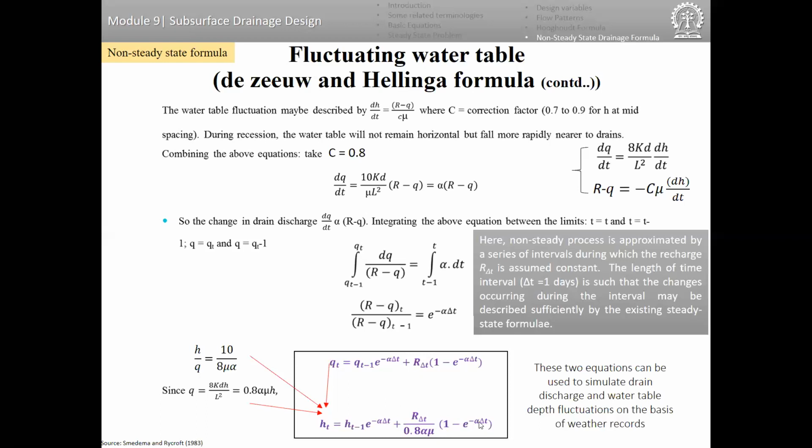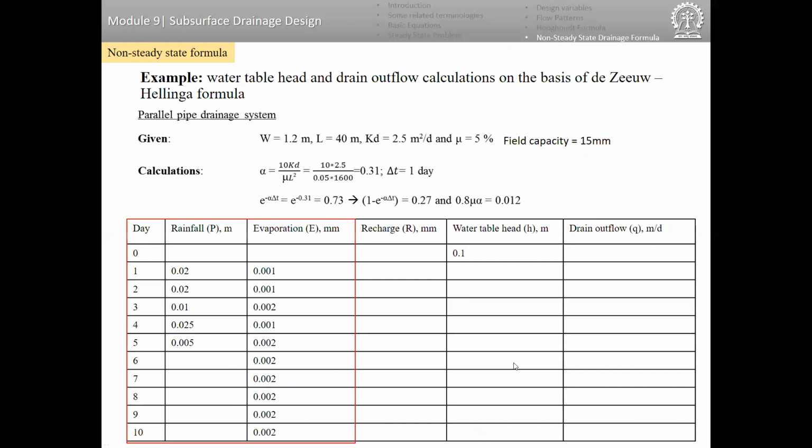These two expressions can be used to simulate the drain discharge as well as the water table depth fluctuation if you have the weather records. So let's see one example on the fluctuating water table case.